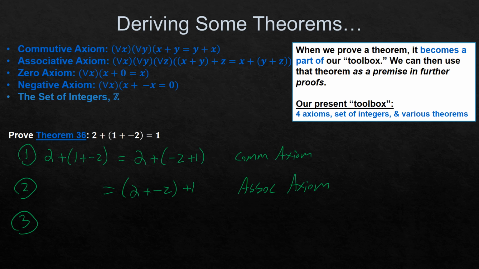And then for line 3, well, we have 2 plus a minus 2. We do have our negative axiom for all x. X plus a minus x is equal to 0. Okay, so we can then say the right-hand side is just 0 plus 1 because we have our negative axiom.